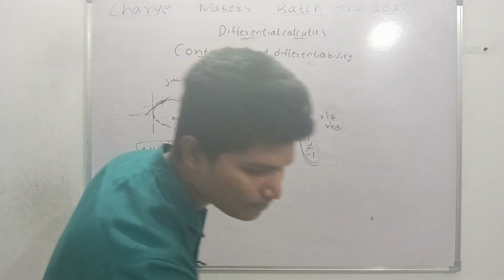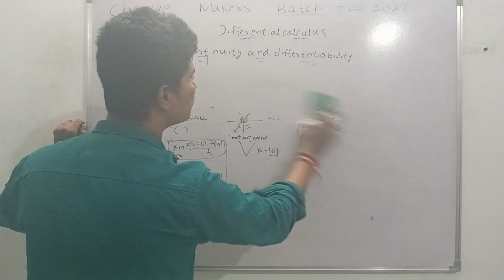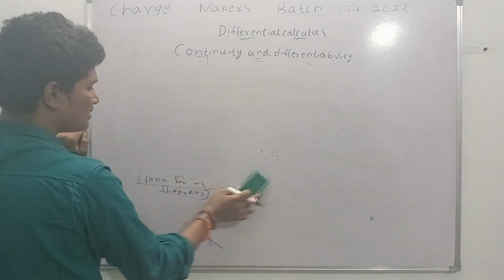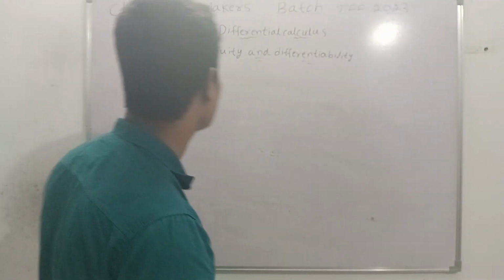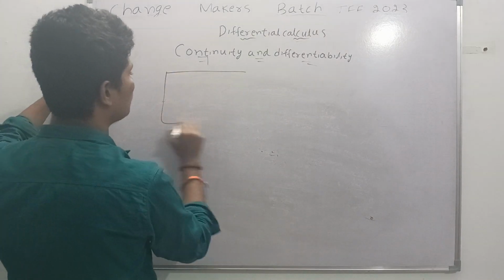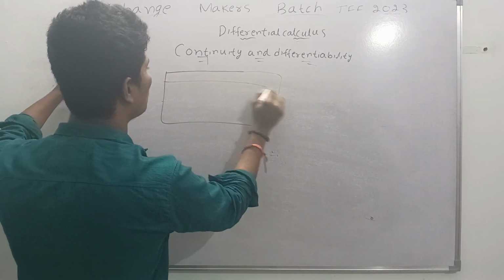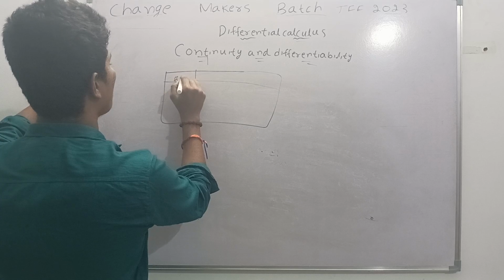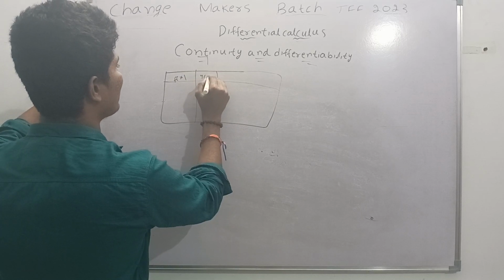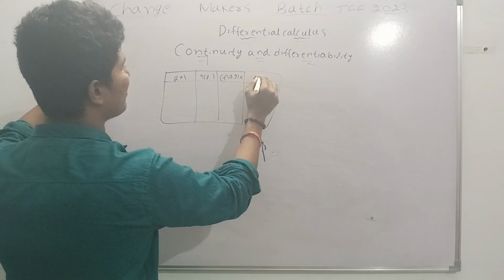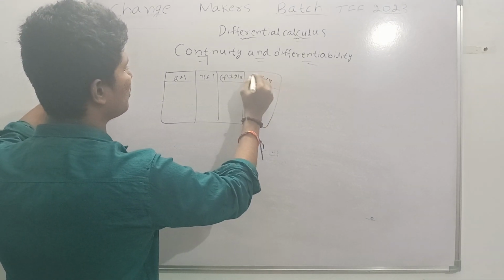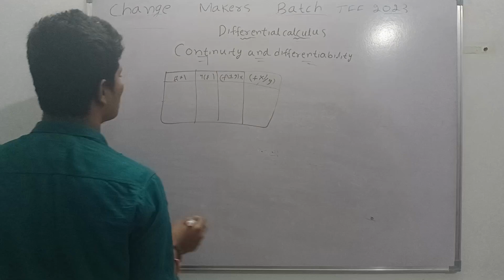And for differentiability also, there is a table. The same table repeats for limits, continuity, as well as differentiability. What is the table actually? This is a table. This is a function f of x, this is a function g of x, this is f plus or minus g of x, and next this is f into g, f divided by g, and so on.